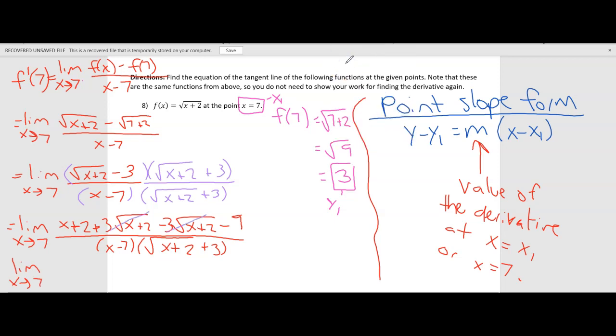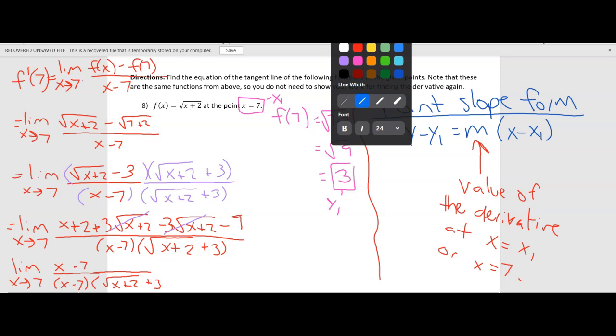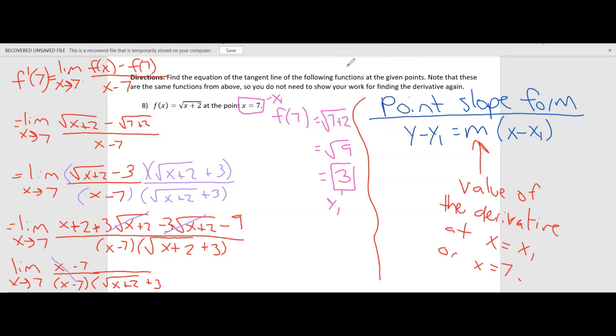These two middle terms simplify, and I'm left with x minus 7 divided by the product of the quantity x minus 7 times the quantity radical x plus 2 plus 3. Okay, this is nice. These factors simplify.